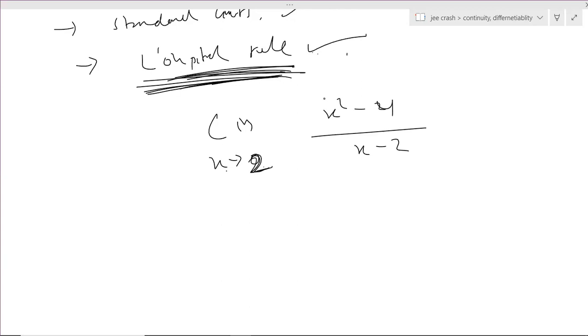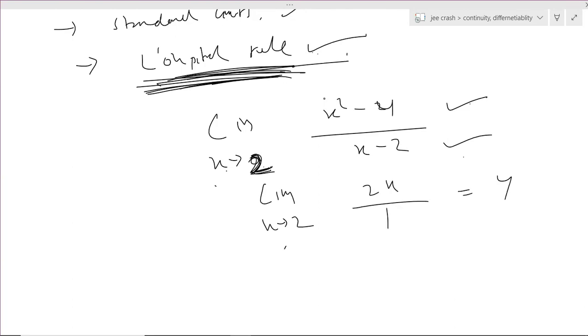If you put x equals 2 here, we get 0 by 0. So what you can do is use L'Hopital rule. Just differentiate the numerator, differentiate the denominator, and you will get the answer. Limit as x tends to 2, differentiate this, 2x upon 1. Now you can put 2, so the answer is 4. All right.